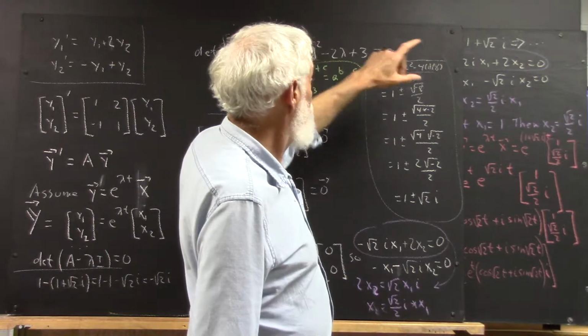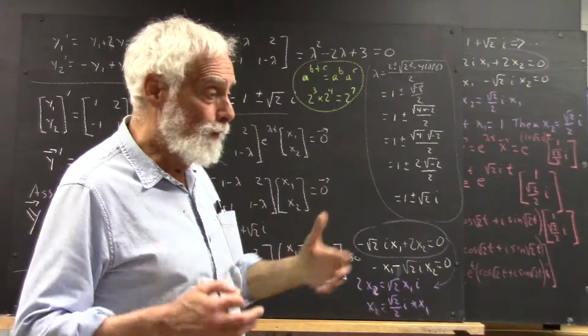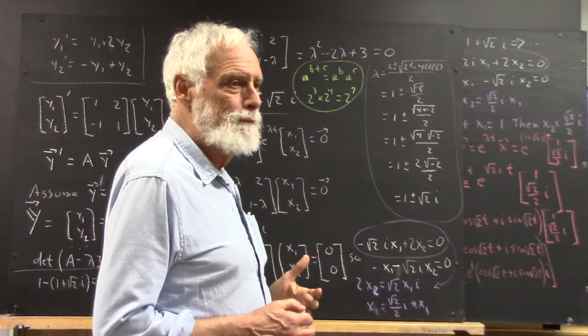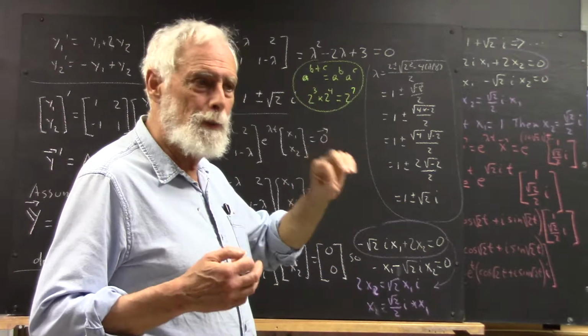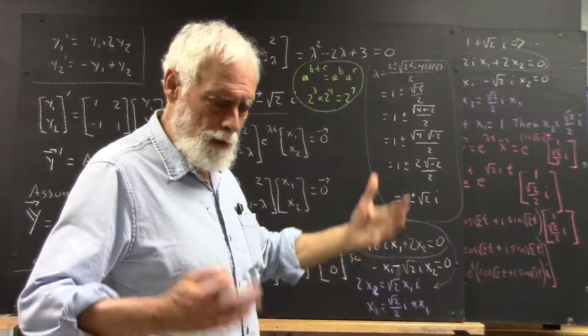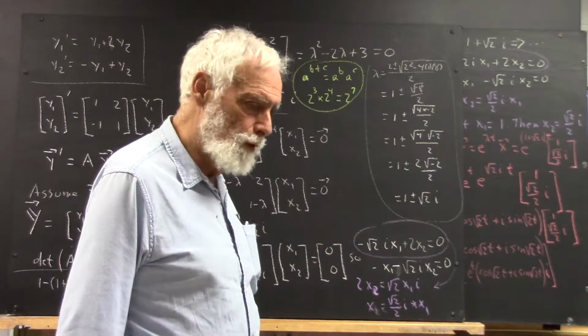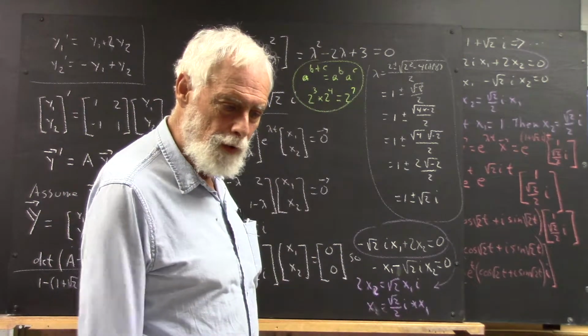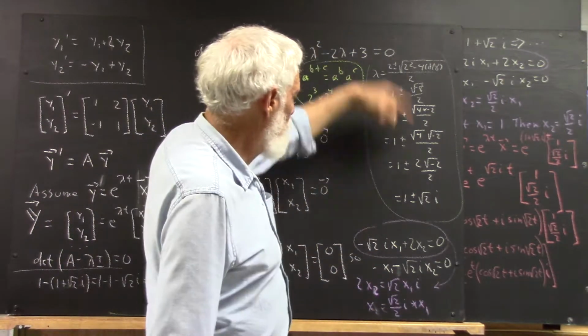We can predict that we're going to have to use the quadratic formula, because we're going to have to take a square root of negative 8. We can't calculate that exactly. We're going to have to factor that into 2 times the square root of 2 and do all kinds of things. So we're tipped off to the fact that we better use the quadratic formula.